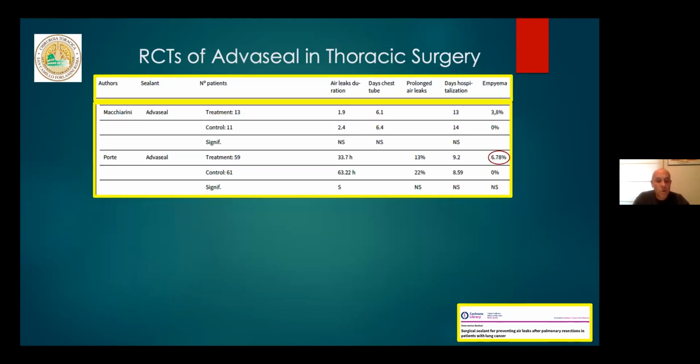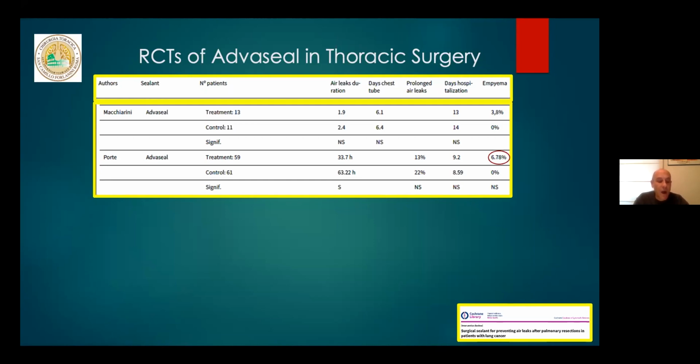As regards synthetic sealants, Macchiarini and Port investigated the use of Advaseal, an absorbable biomaterial consisting of 2 components, a primer, which is PEG, and the sealant, forming by photopolymerization an electrostatic hydrogel patch. Although treatment groups did better than control groups in terms of air leak duration and days of hospitalization, there was no statistically significant difference.